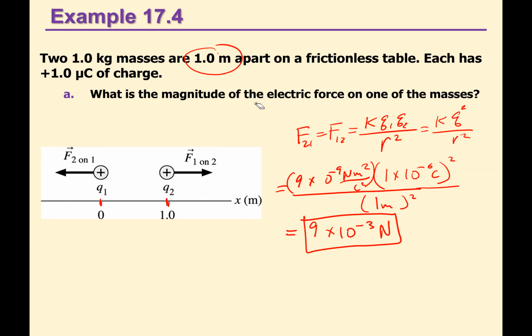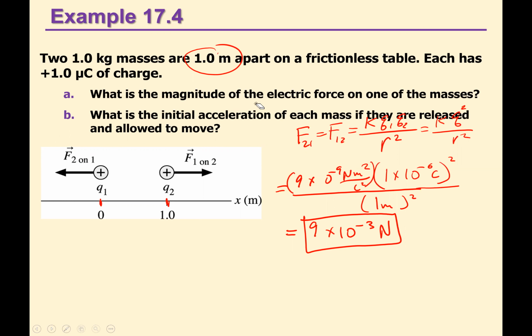All right, so there's also part B, which says, what is the initial acceleration of each mass if they are released and allowed to move? Think about it like this. Right now, if you're holding Q1 and Q2, because they're charged, they exert force on one another. That means as soon as I let them go, the force acting on those charges is going to make them accelerate.